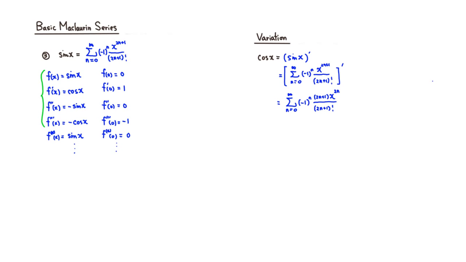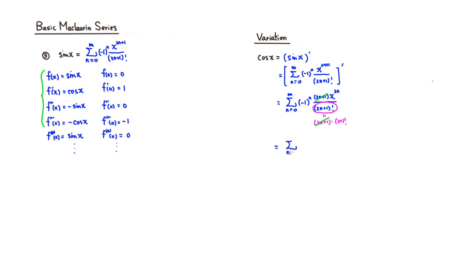Then if you notice that 2n plus 1 factorial is equivalent to 2n plus 1 times 2n factorial, we can cancel out the 2n plus 1 on the top and the 2n plus 1 on the bottom, and you find the Maclaurin series for cosine.